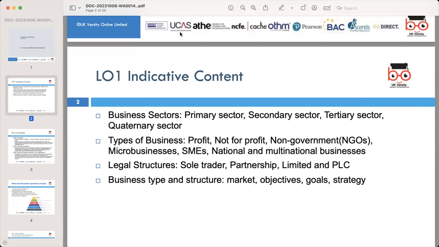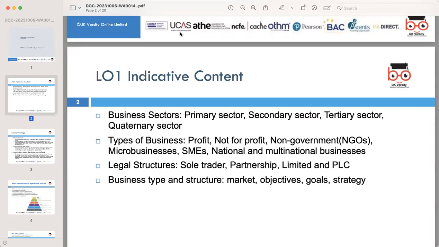We will also discuss national and multinational businesses, legal structures: sole trader, partnership, limited company, public limited company, and business types and structures, for example, market objectives, goals, strategy.